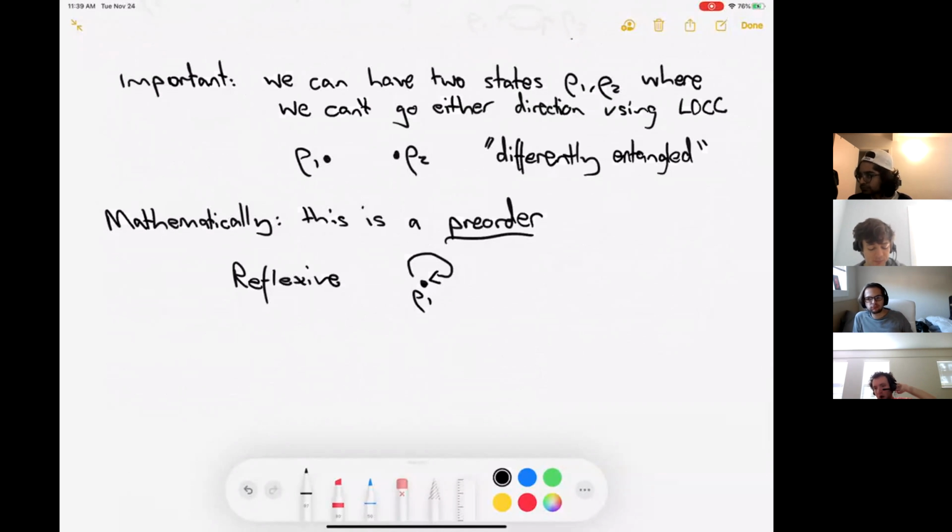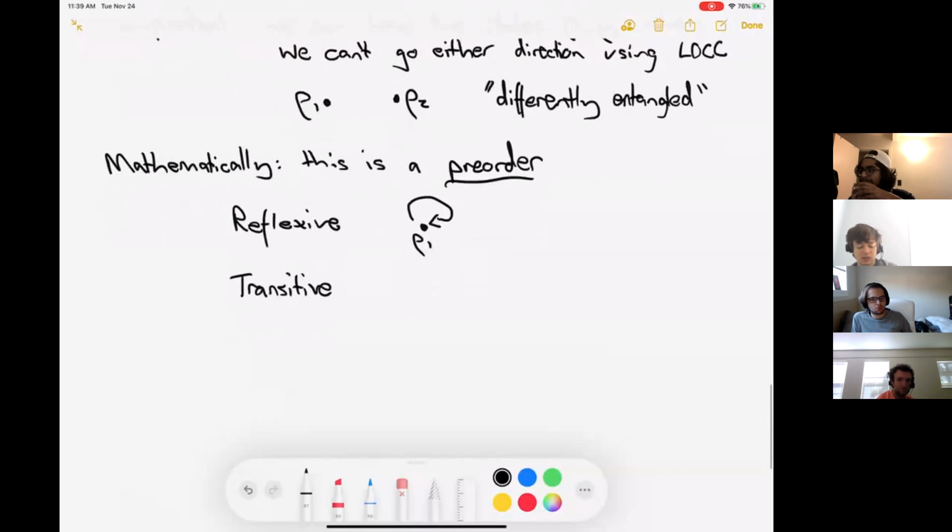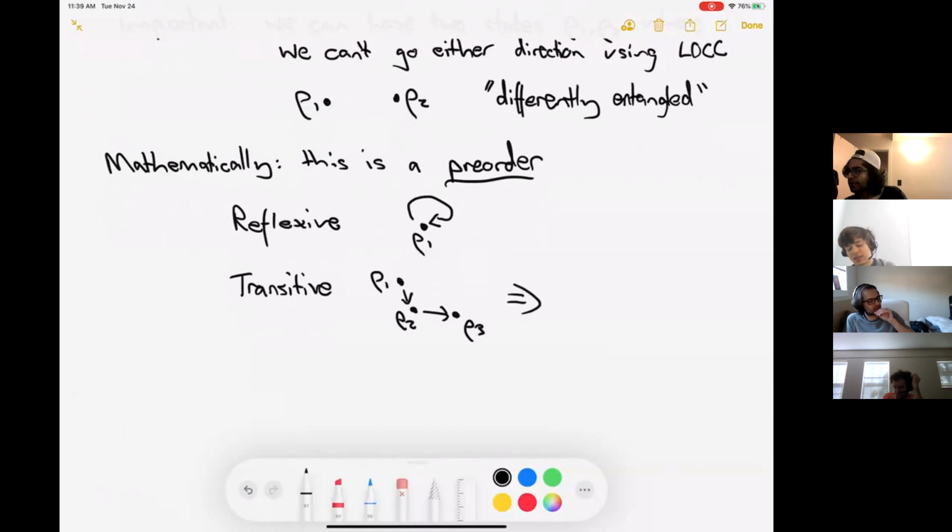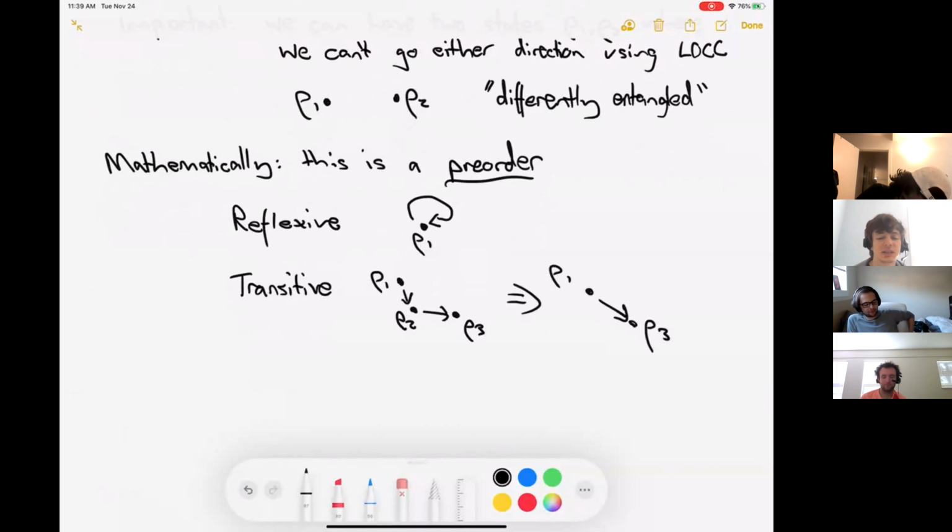So that's obviously true. And the second property that it needs to satisfy is that it needs to be transitive. What this means is that if we have rho 1, rho 2, and rho 3, and we can get from rho 1 to rho 2 using local operations and classical communication, and we can get from rho 2 to rho 3 using LOCC, then that implies that we can get from rho 1 to rho 3 using LOCC.